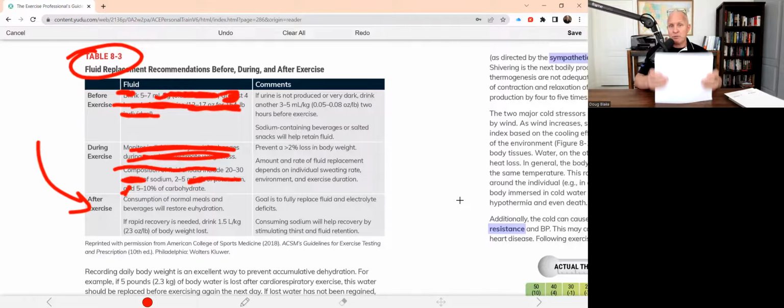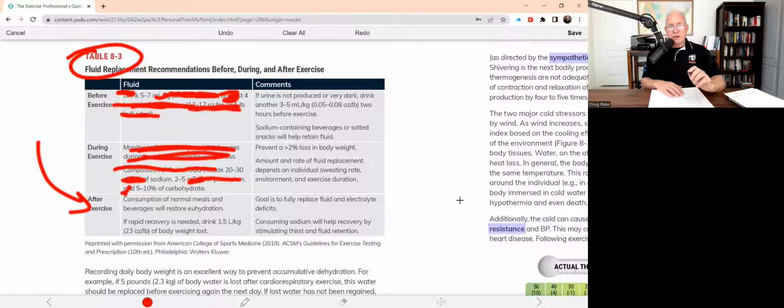You need to know the numbers because you'll see 3 to 5 milliliters per kilogram 2 hours before, 4 to 7 milliliters per kilogram 6 hours, whatever the number is. That's going to be helpful. On that one, sodium containing beverages and salted snacks will help retain fluid. Okay, you could put like a check mark, Na containing fluids.